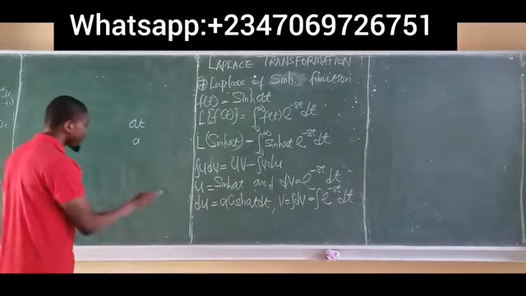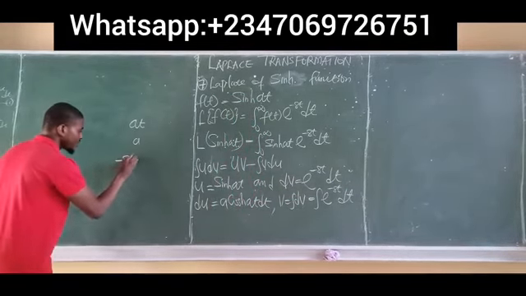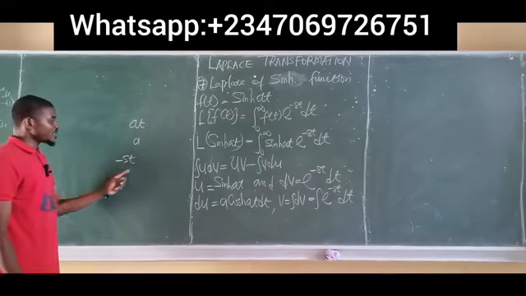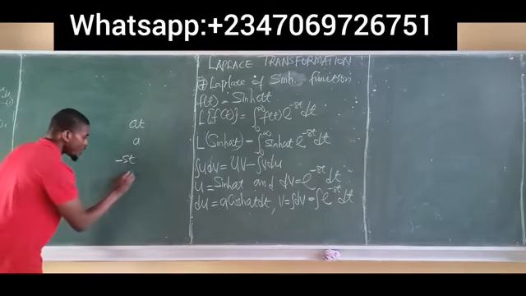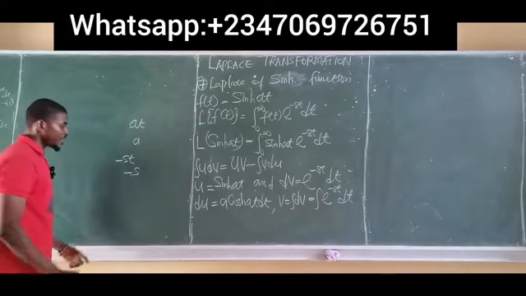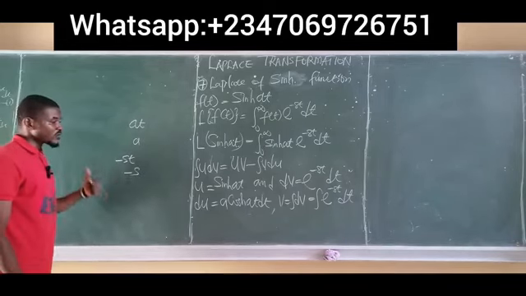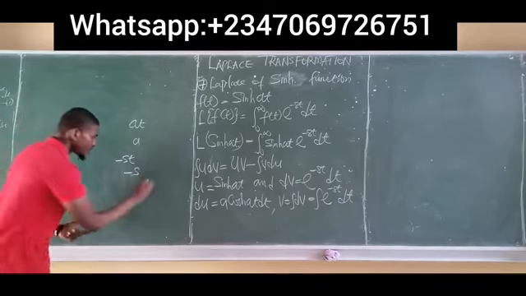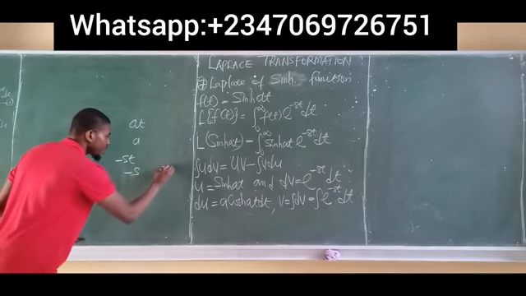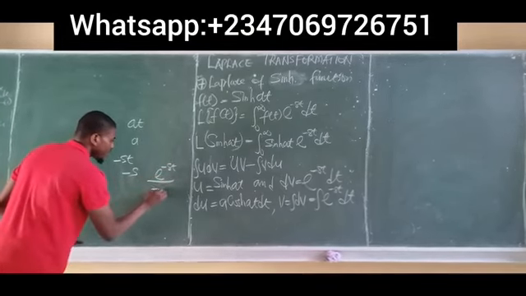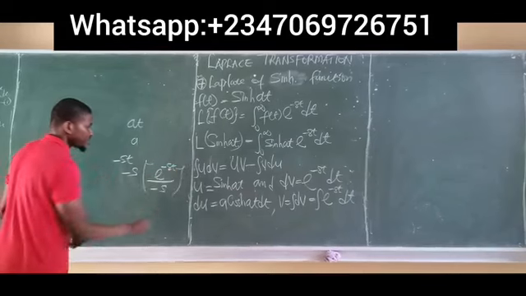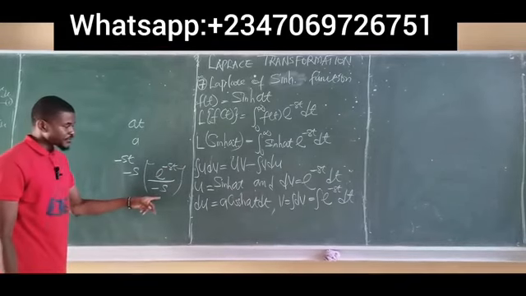For instance, the power of that exponential function there is minus st. If I differentiate this function with respect to t, I will be left with what? Minus s. Hence, use this minus s to divide the exponential function itself. So I'm simply going to have exponential minus st all over minus s. This becomes the integral of that function.